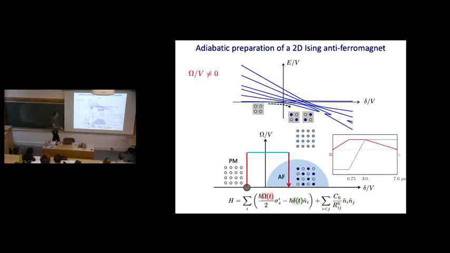In this way, I can map the ground state of the non-interacting system to, for example, the ground state of this interacting system here, which is to say, to prepare the Néel state. So this is clear, do you think? It's an adiabatic preparation of the ground state, which can only work if you are slow.